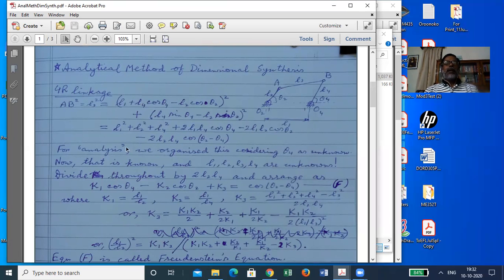And then for analysis, we organize this considering theta 4 as unknown and theta 2 as a known variable. Now both theta 2 and theta 4 will be known, and their values will be given. And L1, L2, L3, L4 are actually unknown.